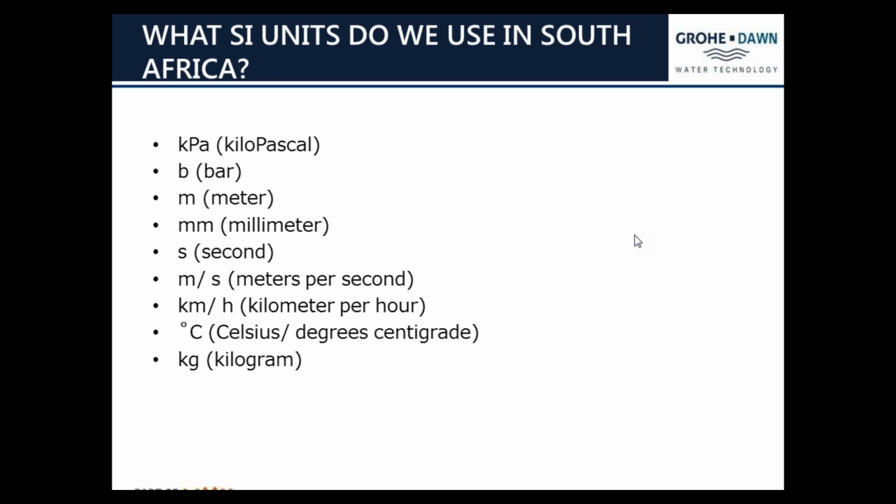In South Africa, we would not necessarily work on bar specifically. However, a lot of gauges and calibrations are still done in bar. A lot of the grower specifications are recommended in terms of system pressures or flow pressures in terms of bar. We'll show you how to quickly convert it.